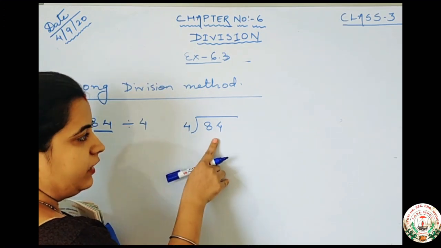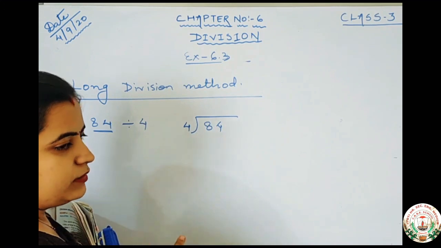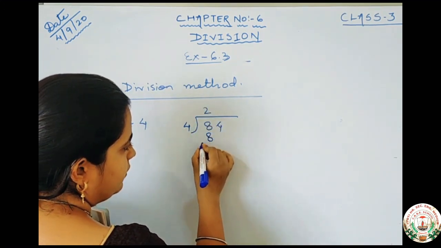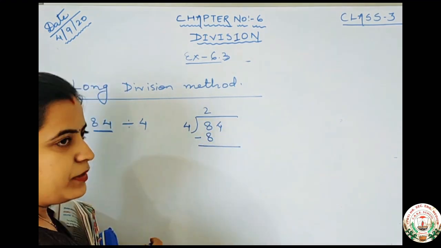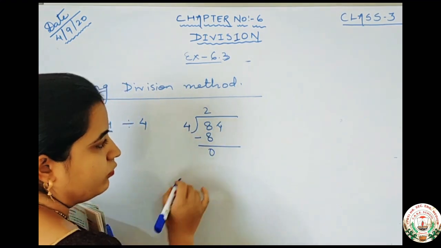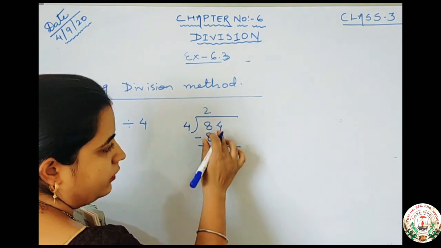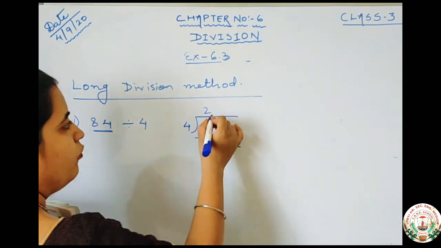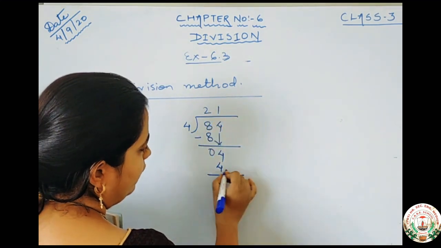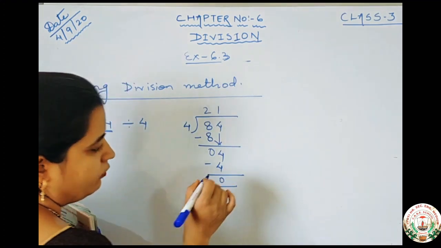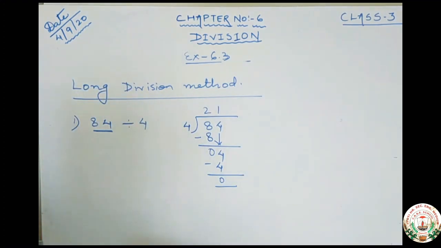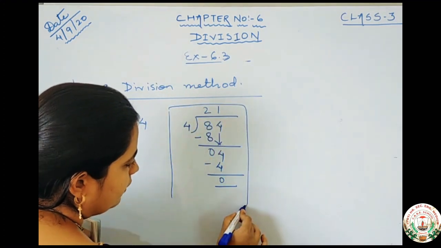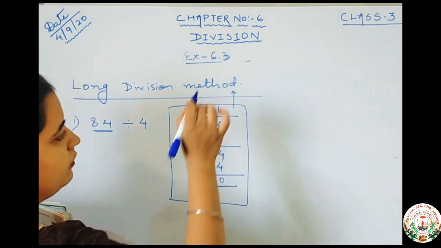We will start the table. 4 1s are 4, 4 2s are 8. We will subtract. 8 minus 8 will be 0. We will bring down the next number, 4. In the table of 4, 4 comes. 4 1s are 4. 4 minus 4 will be 0. The number is completely divided. This type of division method is known as the long division method.